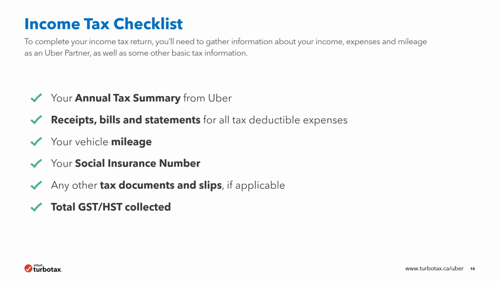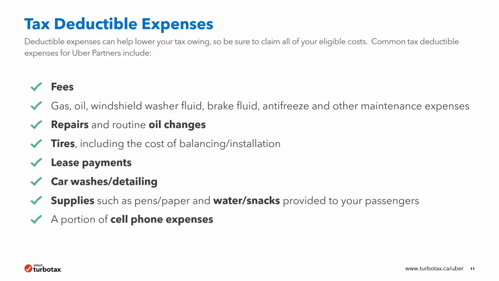Next is your vehicle mileage. You'll also need the basics like your social insurance number. If you're claiming any other type of income or expenses or deductions, have those documents and slips available as well. And because you are a GST or HST registrant, you'll also need to have the information regarding that, mainly the amount that you've collected.